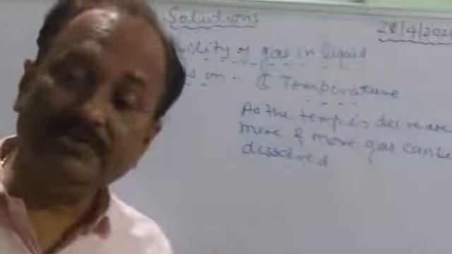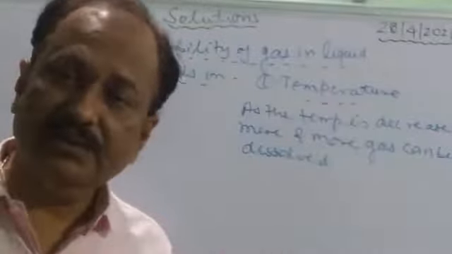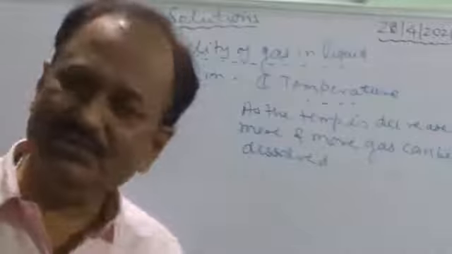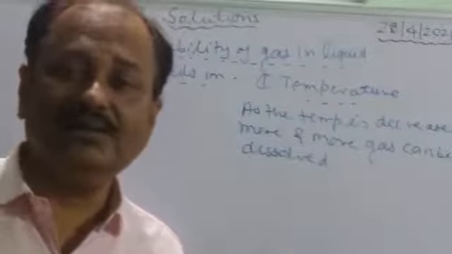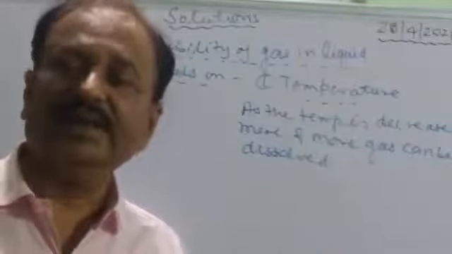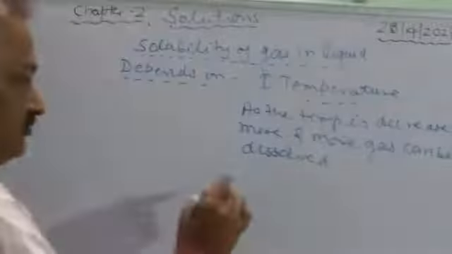Why? Because temperature is a form of energy. When the temperature increases, the solubility of gas decreases, so it is inversely related to the solubility. This is the simple fundamental of dissolution: as the temperature increases, solubility decreases. So this is the first point.